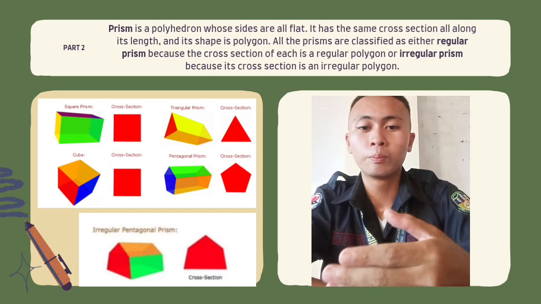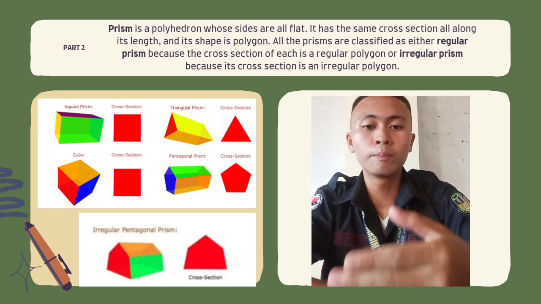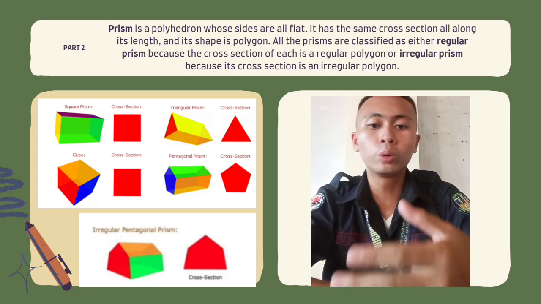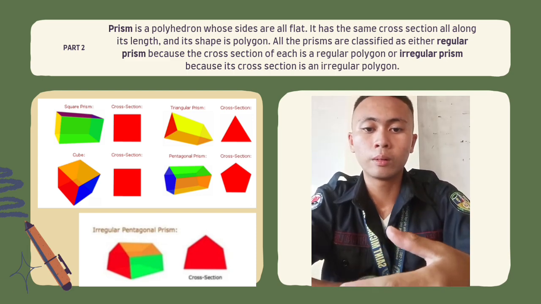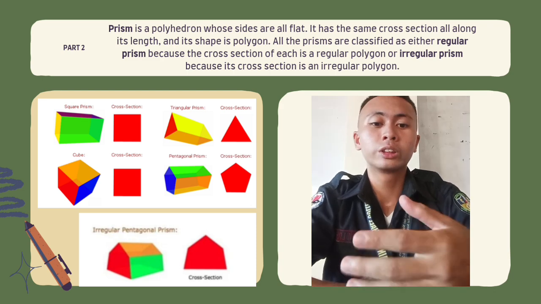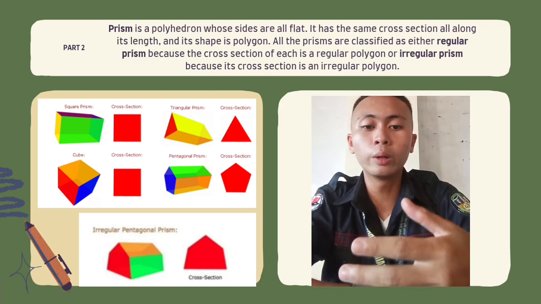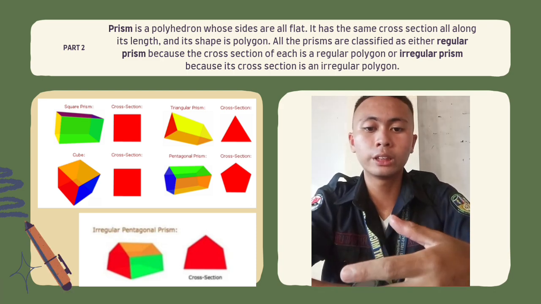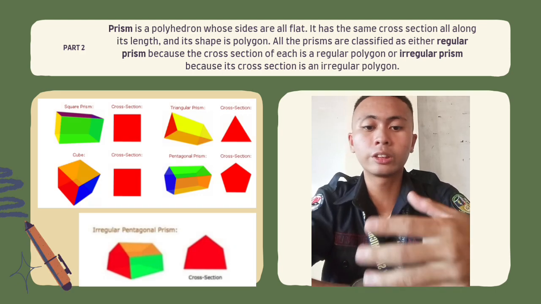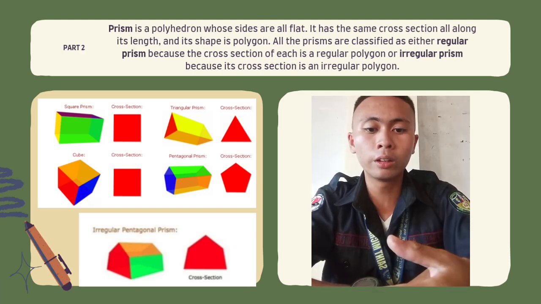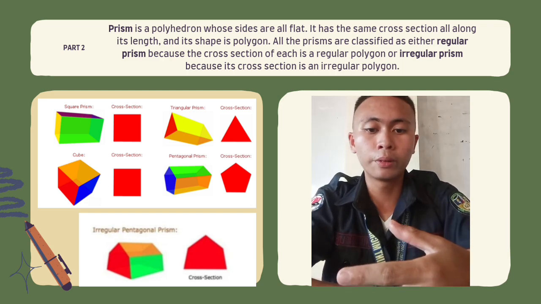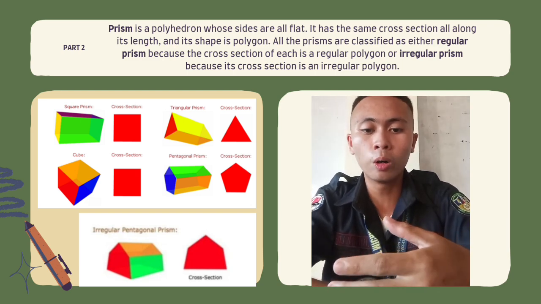Number 2 is prisms. A prism is a polyhedron with 2 identical bases connected by rectangles. The cross section is the same all the way through. If the base is a triangle, it's a triangular prism. If the base is a pentagon, it's a pentagonal prism, and so on.